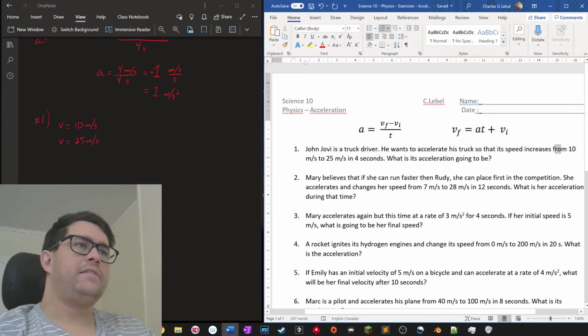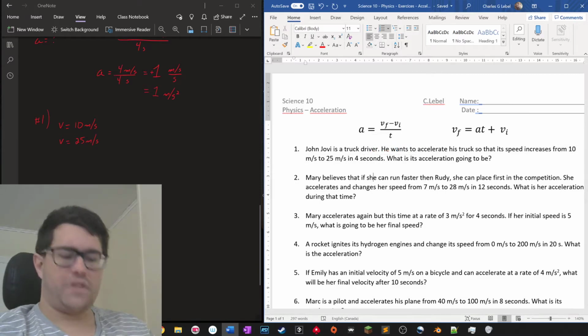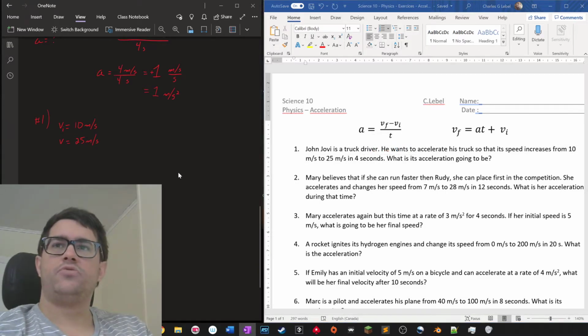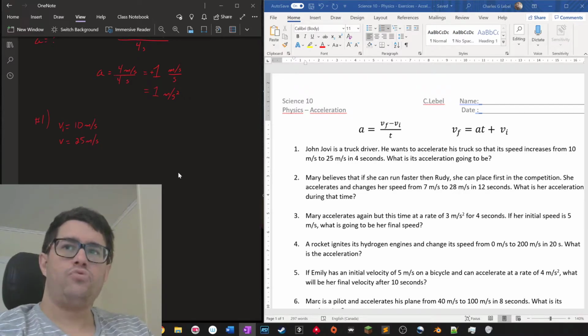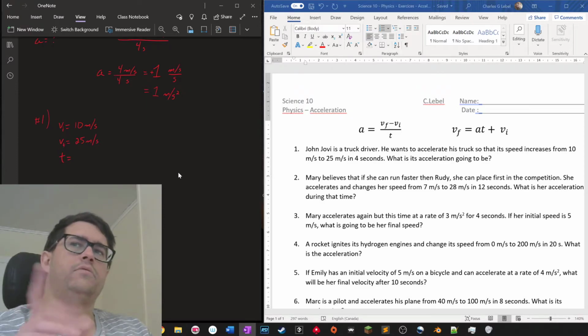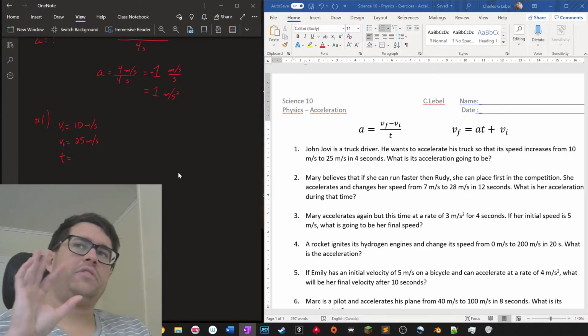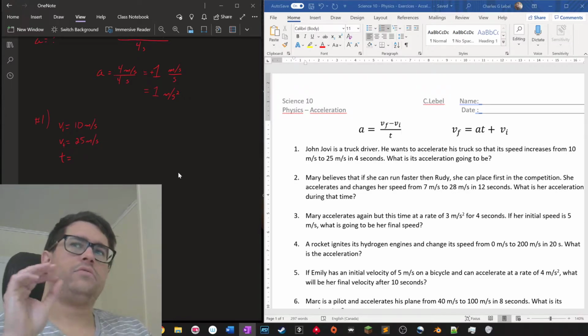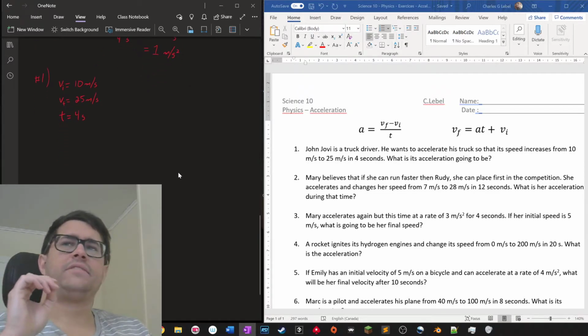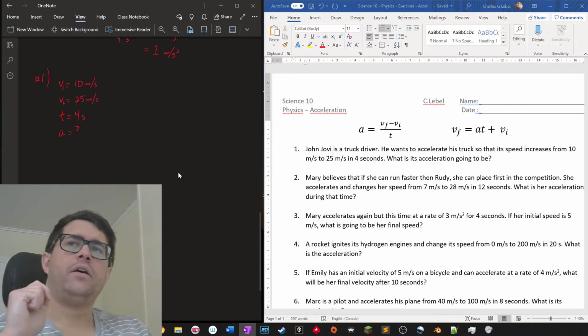From 10 meters per second to 25 meters per second. So from, that's the initial speed, VI, and to 25 meters per second is the final speed, VF. So we need to interpret it right to get the right values. How much time? It took 4 seconds. What is its acceleration going to be?